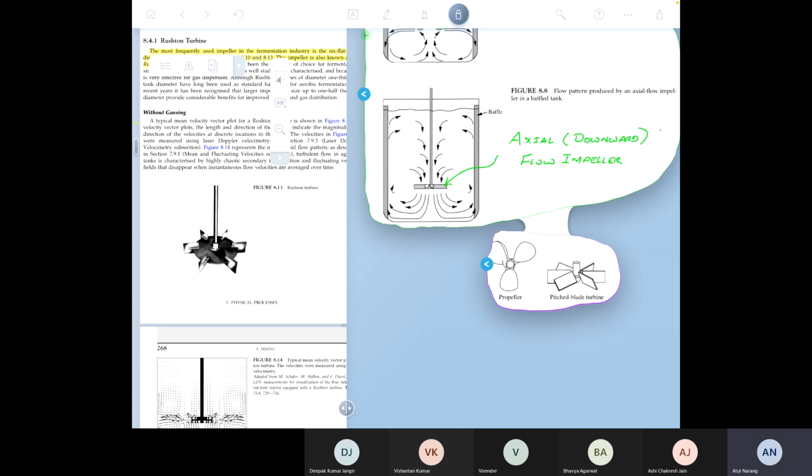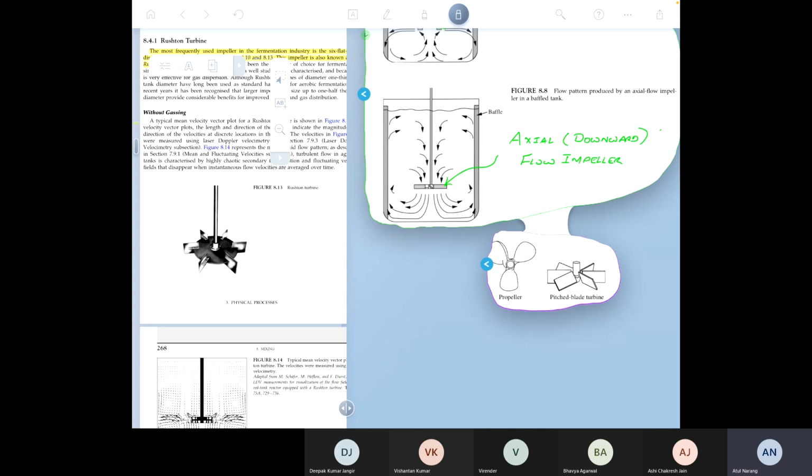So the flow pattern that you get when you use the axial downward flow impeller, such as the propeller or the pitched blade turbine, is the picture shown over there. You have basically a stream coming down, which then bifurcates radially outward into one that goes to the left, the other that goes to the right, and then this entire thing goes upward, and then on both sides it turns back and comes back to the impeller.